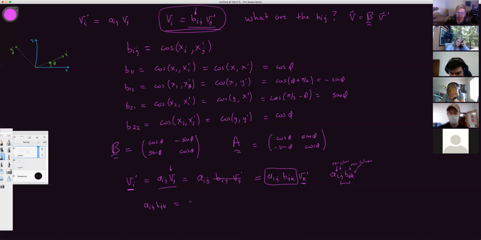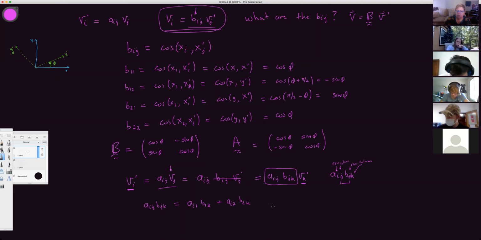And I'm going to write, this is ai1, b1k, plus, and I'm just going to do 2 dimensions, ai2, b2k. Okay? All right. So this object here, this aij, bjk, has 2 free indices, i and k.